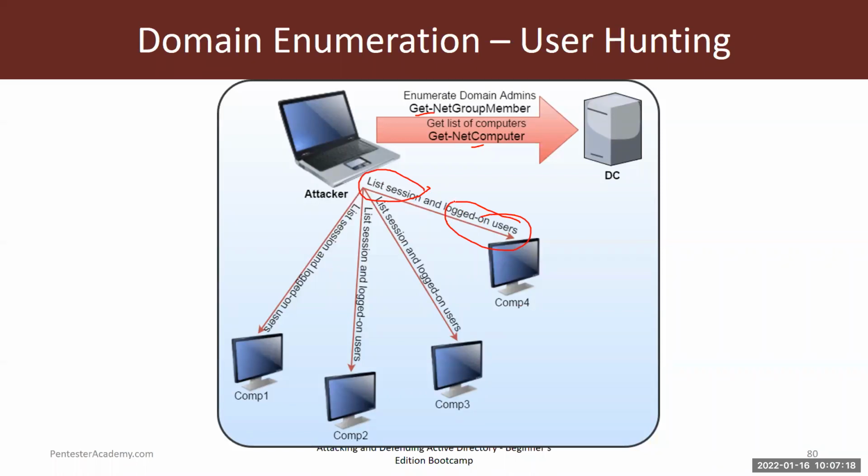If it could list a session or currently logged on users, any one of them or both of them, then it checks the session or the logged on user against the membership of the domain admins group. If it matches, we have found a machine where domain admin credentials could be available. And if we have local admin privileges on that machine, it may be possible for us to extract the credentials. Please keep in mind, to list currently logged on users, you must have local admin privileges on a machine.